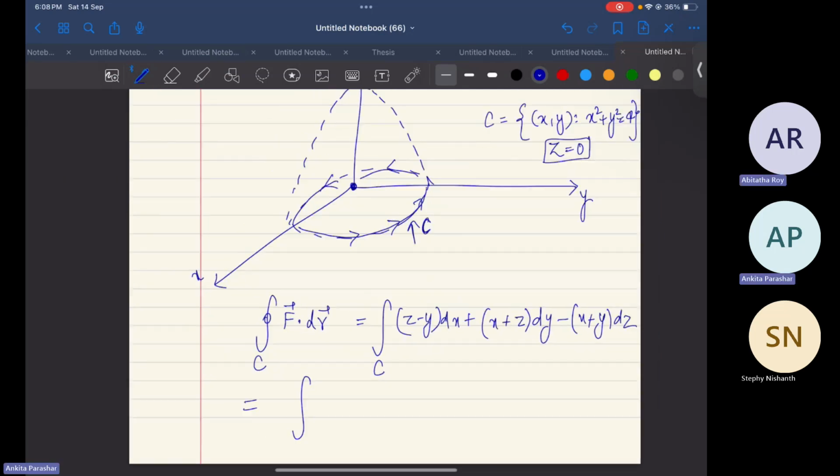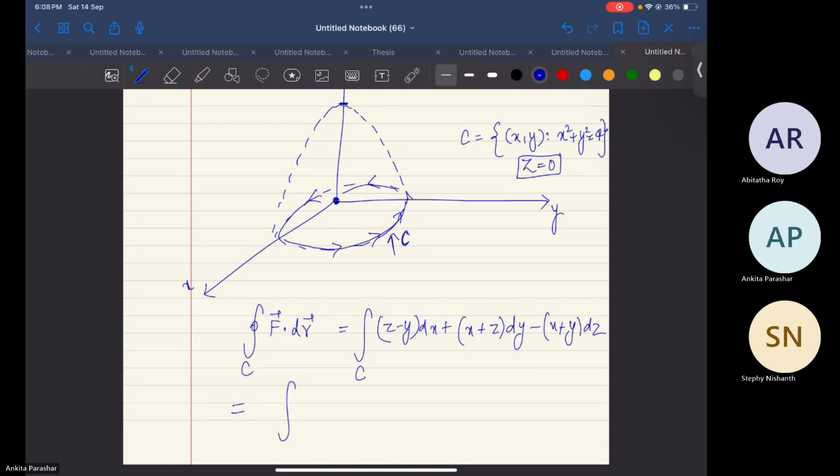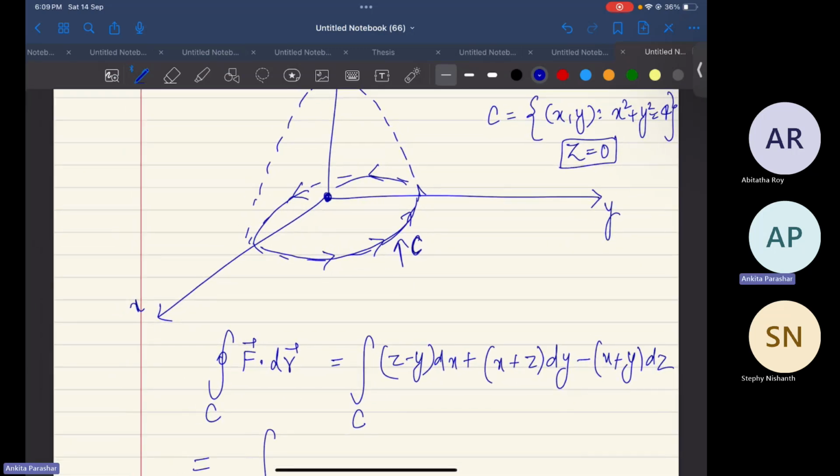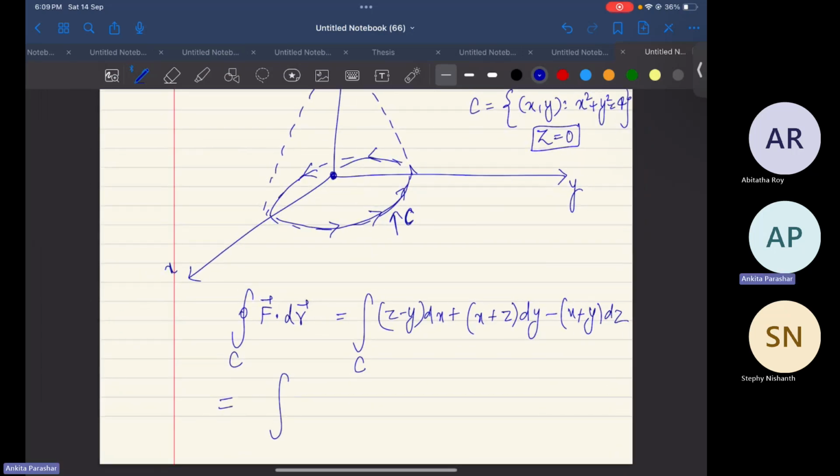Okay, tell me, what do you do now? Okay, let's just do it together. I think you are not responding. Z equal to 0. Let's put z equal to 0 in the beginning itself. So it will be just (0 minus y) dx plus x dy.